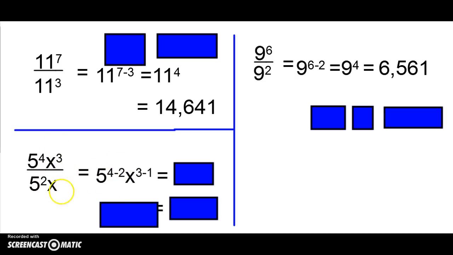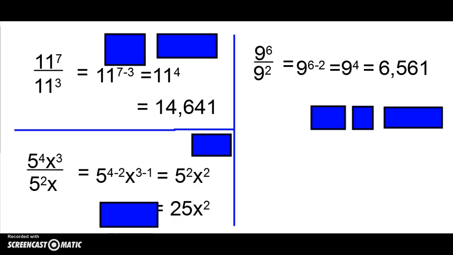And then you would do x because they're the common base. You just assume you know there's that 1 by the x. And so 3 minus 1. So 5 squared times x squared. So 25x squared.